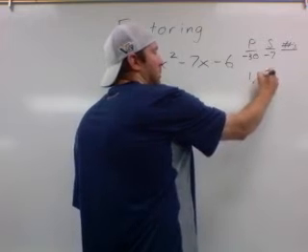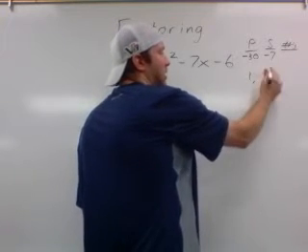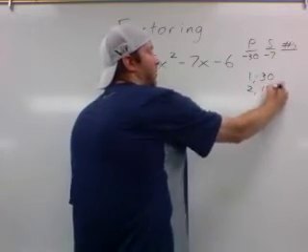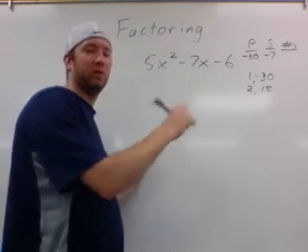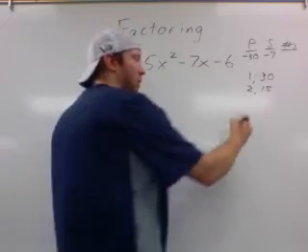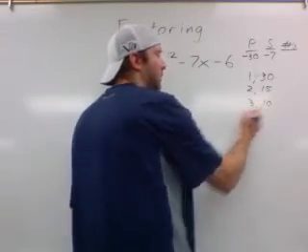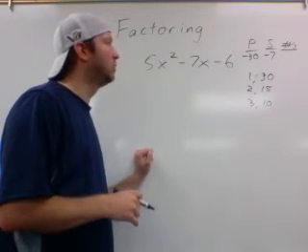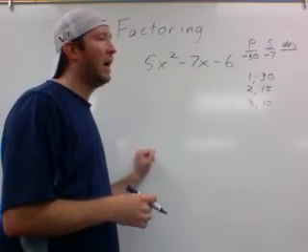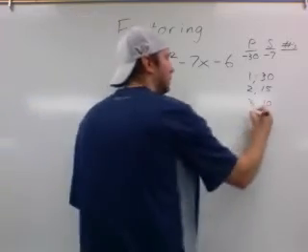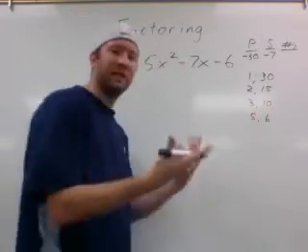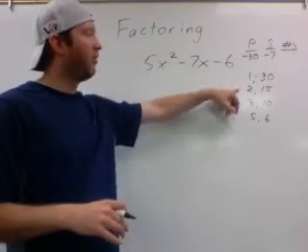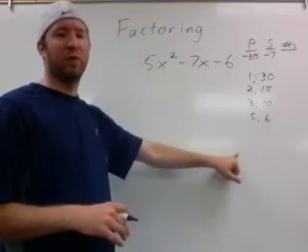Well, let's just start off with 1 and 30, 2 and 15, 3 and 10, 4, nope, 4 doesn't go into 30, 5, yep, 5 and 6. And then I'd be at 6, and I'd be flipping and going back the other way. So these are going to be the 4 different ways I could factor 30.